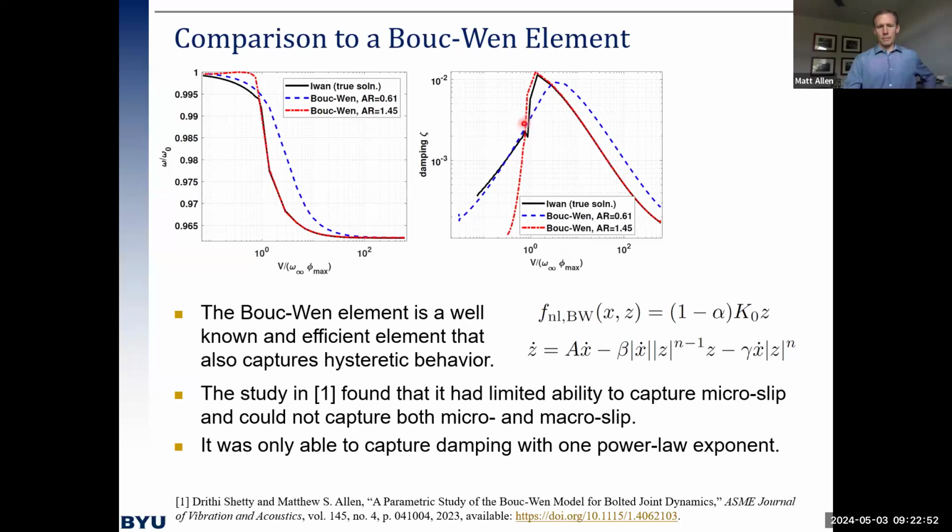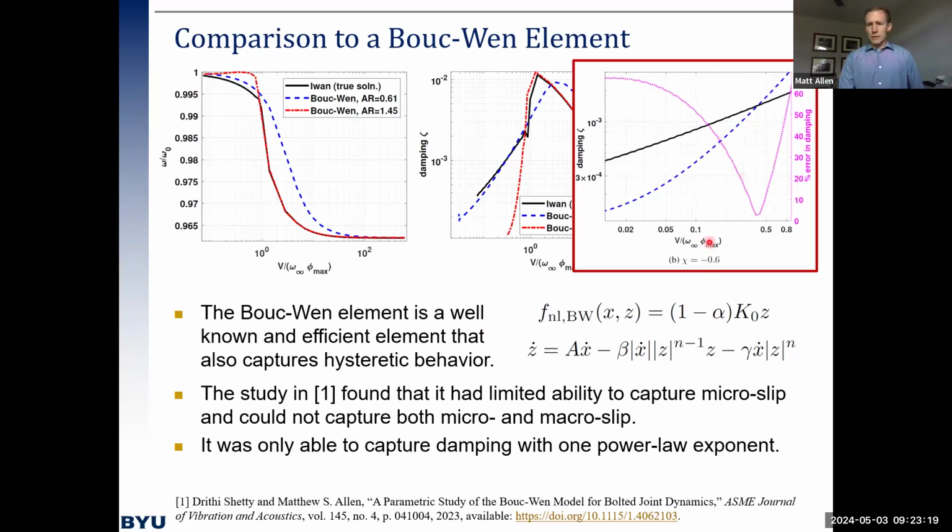But this model was limited, and I bring this up because any model is limited. The I1 element is very nice in its ability to capture this realistic joint behavior. The downside is computational expense. And with any other model, you have the trade-off of fidelity, not having the same fidelity as an I1 model. This is just showing a certain value of chi, and a different value of chi, where the model was completely unable to capture the true power law damping versus vibration amplitude behavior.